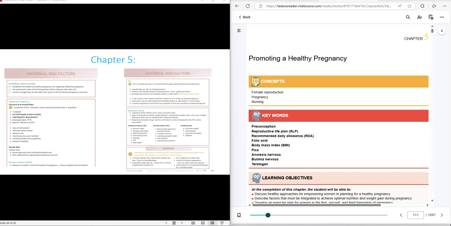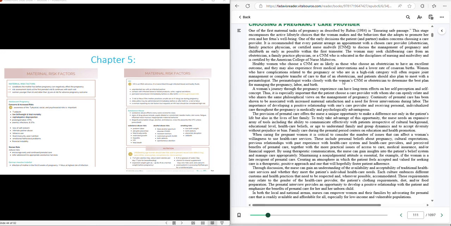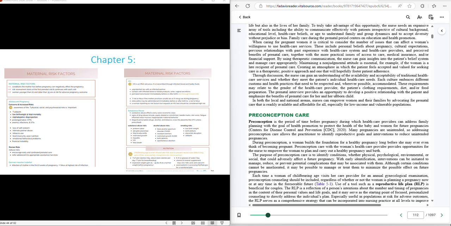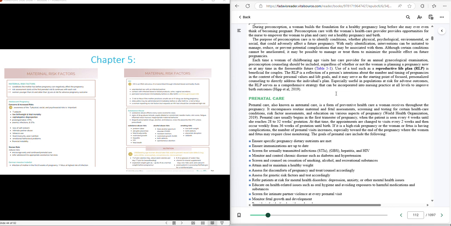It's talking about choosing a provider. Let's go down. What you need to look for when it comes to midwives and OBGYNs, preconception care, so even before you decide to get pregnant, making sure you're taking care of yourself, and then the prenatal care.